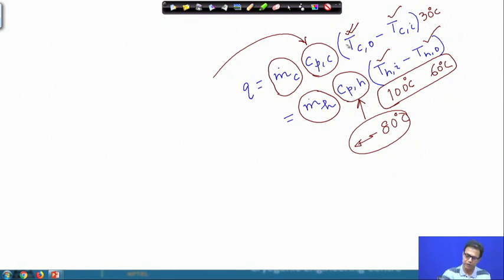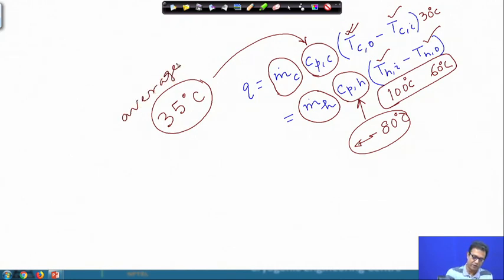So, we will make an assumption, in this case, that the average temperature of the cold fluid is 35 degree centigrade. Otherwise, we will not be able to find out the specific heat of the cold fluid to estimate the exit temperature.